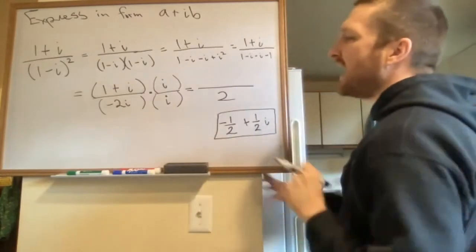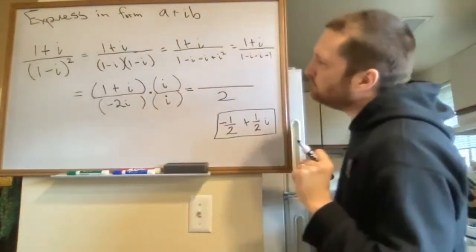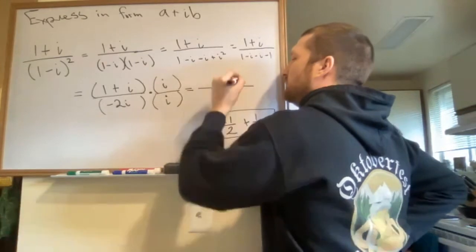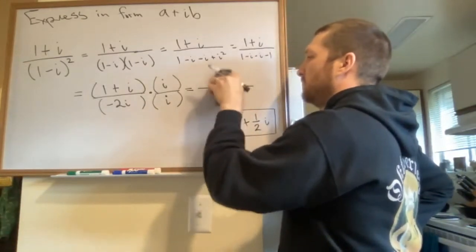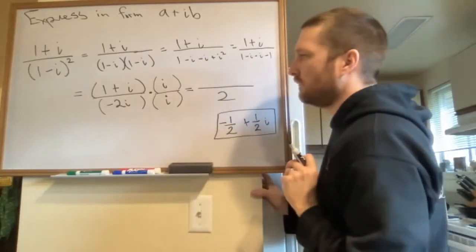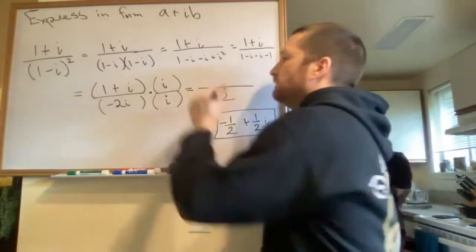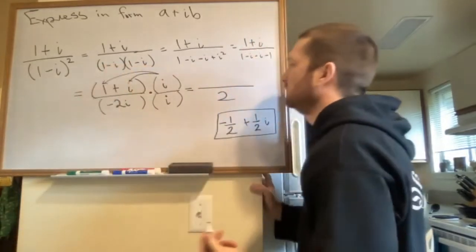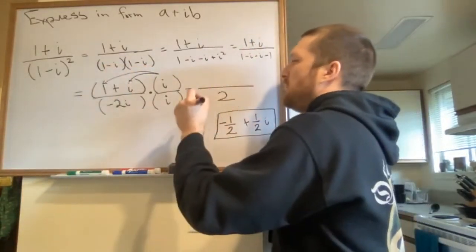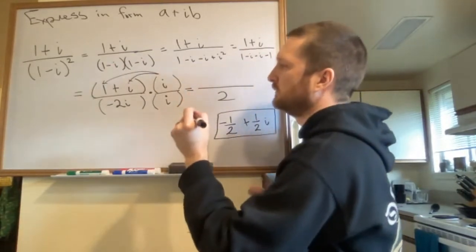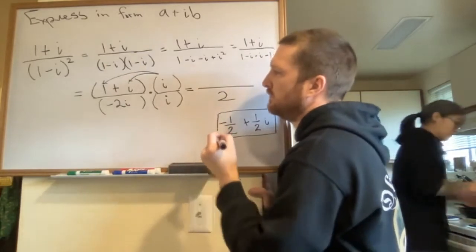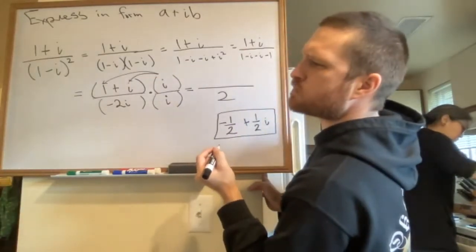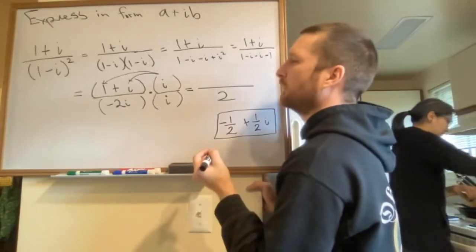We're going to have to distribute that i, and what do we get? i plus i squared.